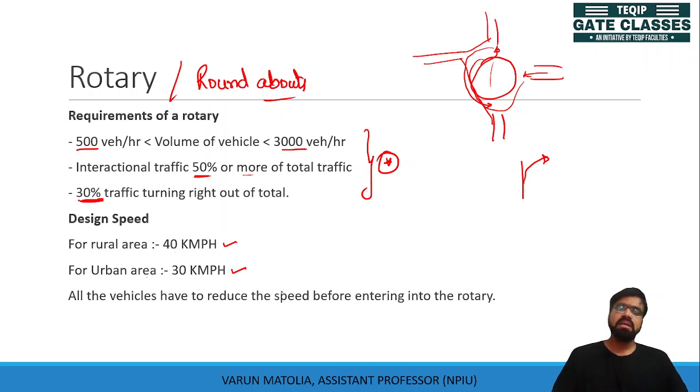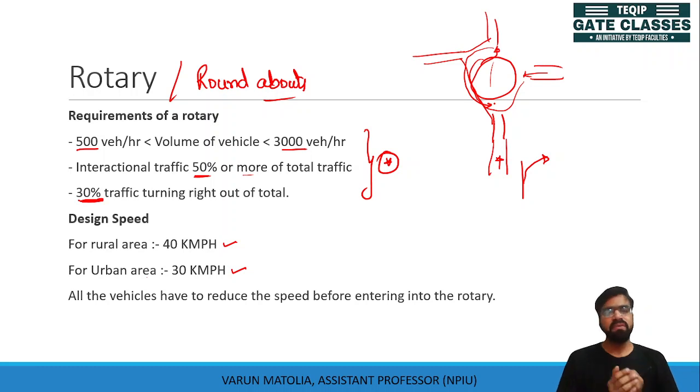You can see that the approach road may have higher speeds, but at intersections, because you are moving in a circular curve, your speed should be reduced. We have already seen this in horizontal curves, where the speeds are reduced or super elevation is provided, but in this rotary, super elevation is not provided.